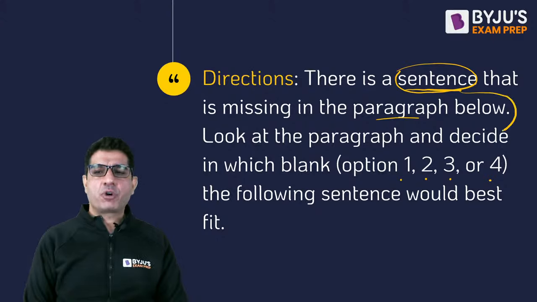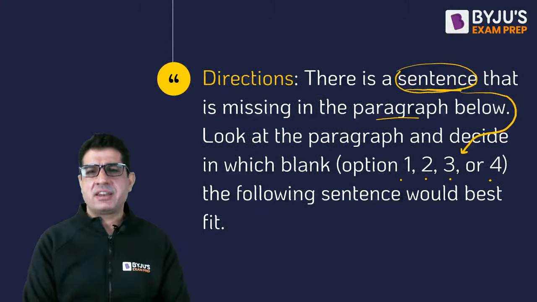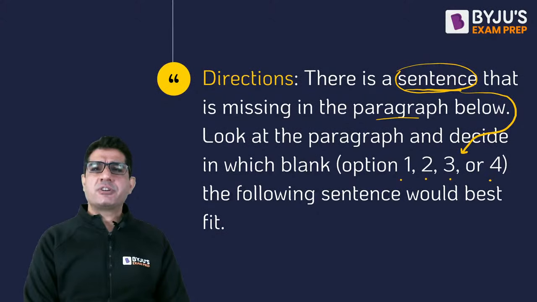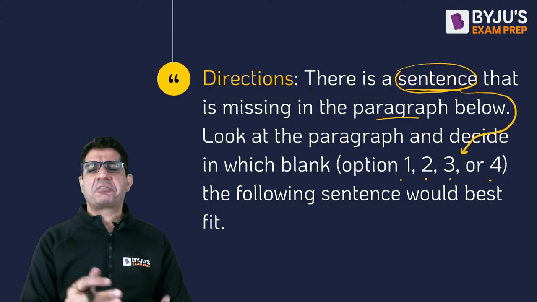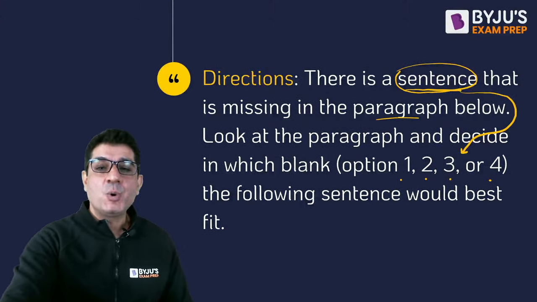So out of these 4 blanks, which place is the best place to put that sentence in? And because this question was introduced for the very first time, I think the examiner was a little lenient. The questions were usually easy, 1 or 2 were probably moved towards the territory of easy to moderate.